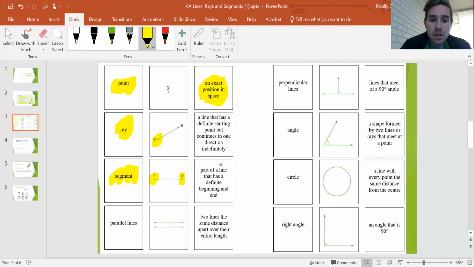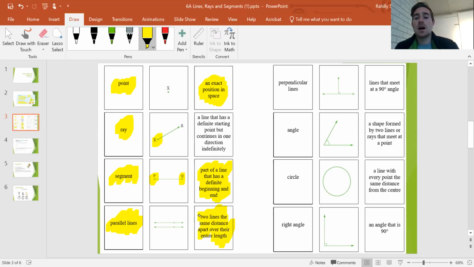It's part of a line that has a definite beginning and end. Parallel lines are two lines that are the same distance apart over the entire length, so they never cross over. Again, the easiest thing to think of is train tracks, because train tracks never cross over. If they did cross over, the train wouldn't work. So they always stay the same distance apart over their entire length.